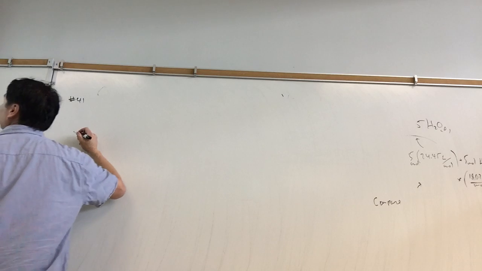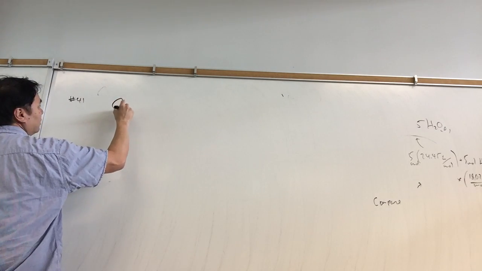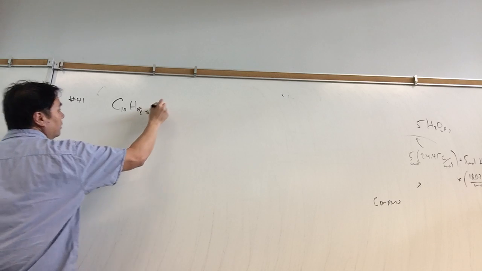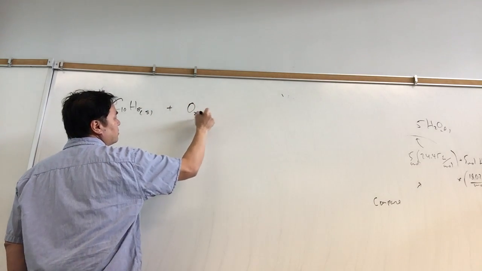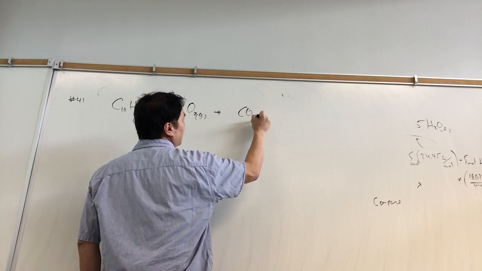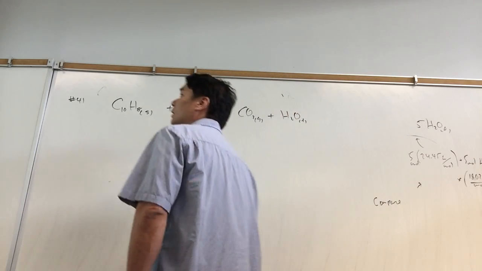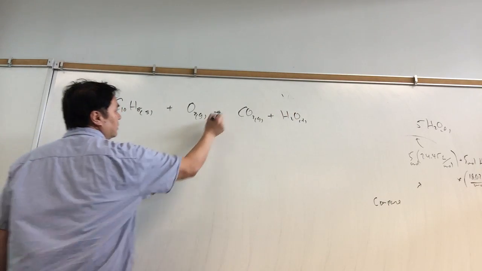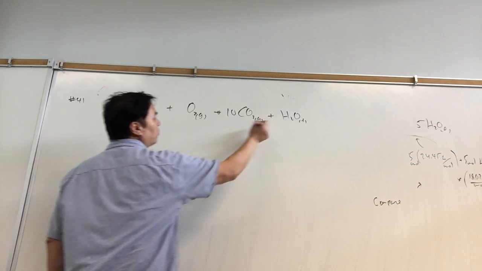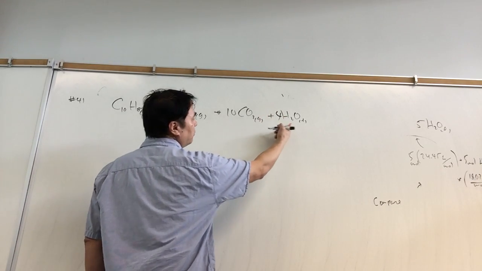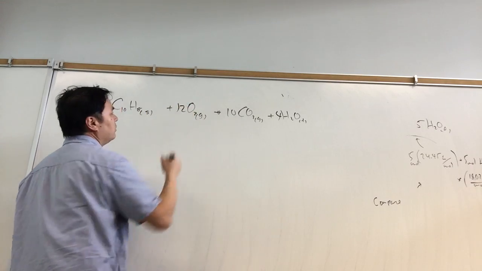Naphthalene is C10H8, and this is also a solid. We'll combust this with O2 gas to form CO2 gas plus H2O liquid. To balance this, we need 10 CO2s, 4 water, and then 12 O2s.